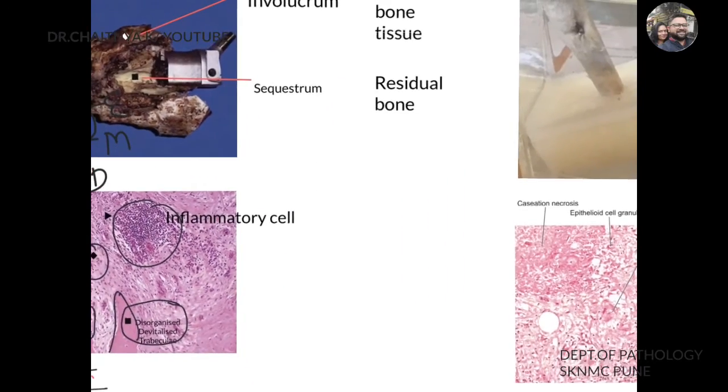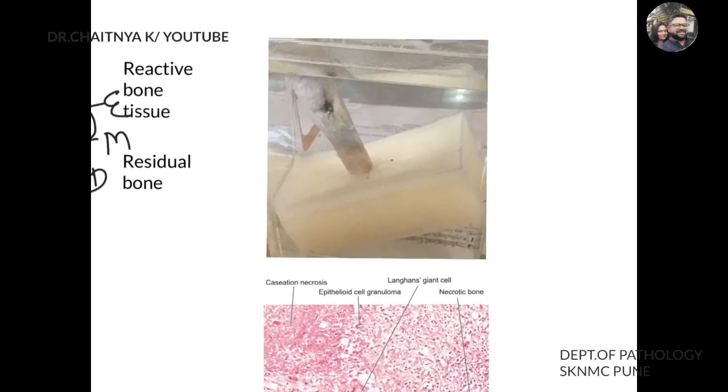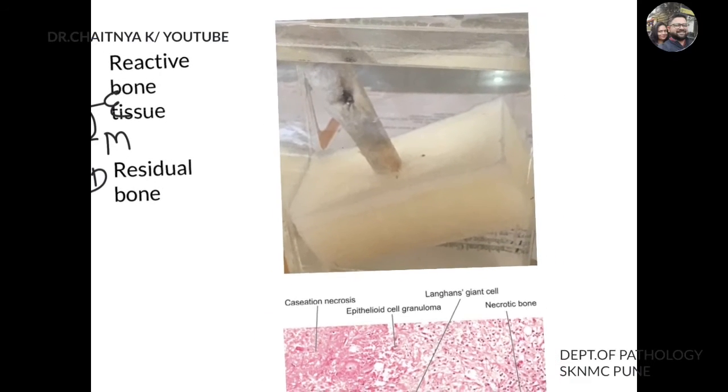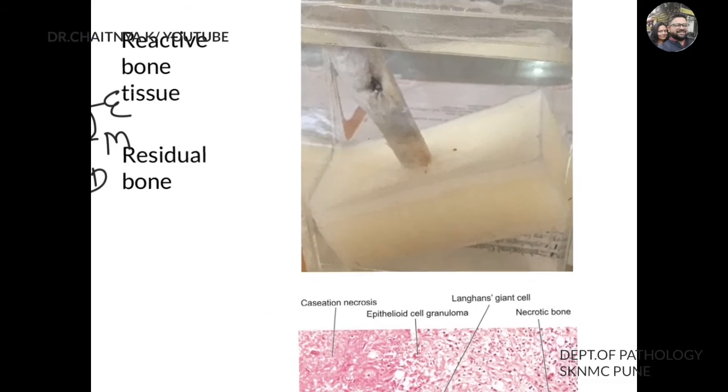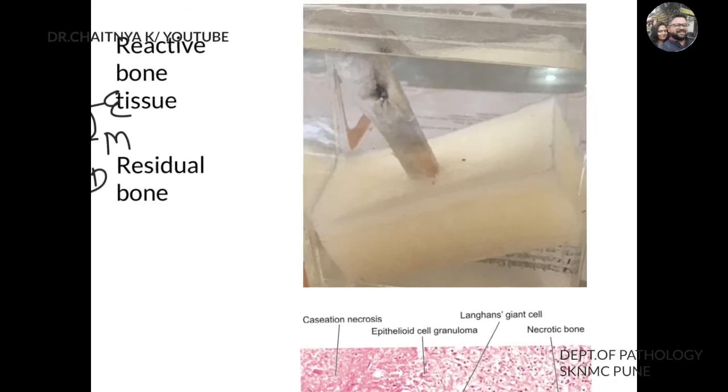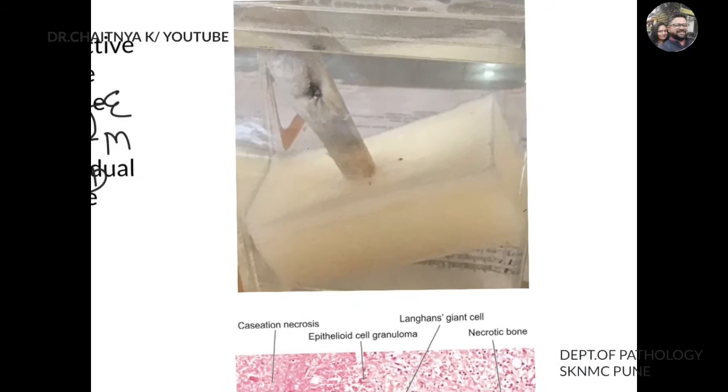So coming to the other gross, tuberculous osteomyelitis, the name suggests that it is osteomyelitis, that is bone infection due to tuberculosis. So this is the gross specimen in our laboratory. Here you can see that this is the bone which is fixed in the formalin.